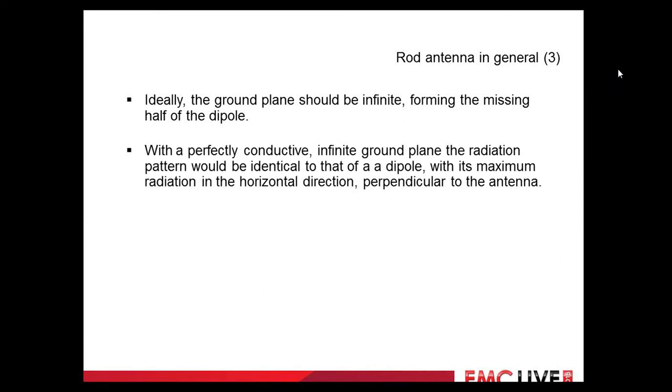If the ground plane were perfectly conductive and infinite, we would have a perfect pattern like the dipole. Instead, of course, there are limitations, even if we are using a very wide ground. The radiation pattern of the rod antenna will be changed.